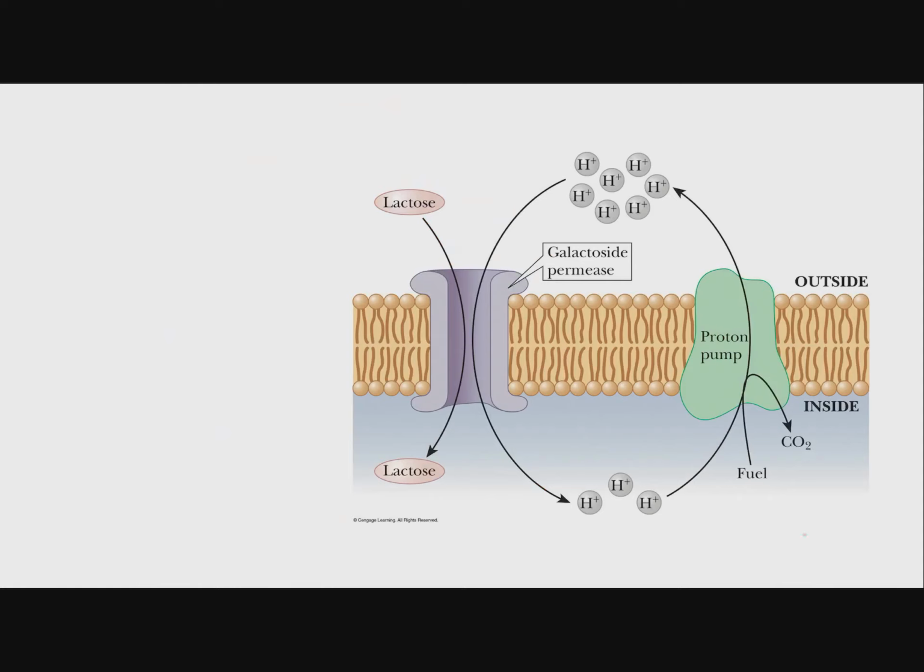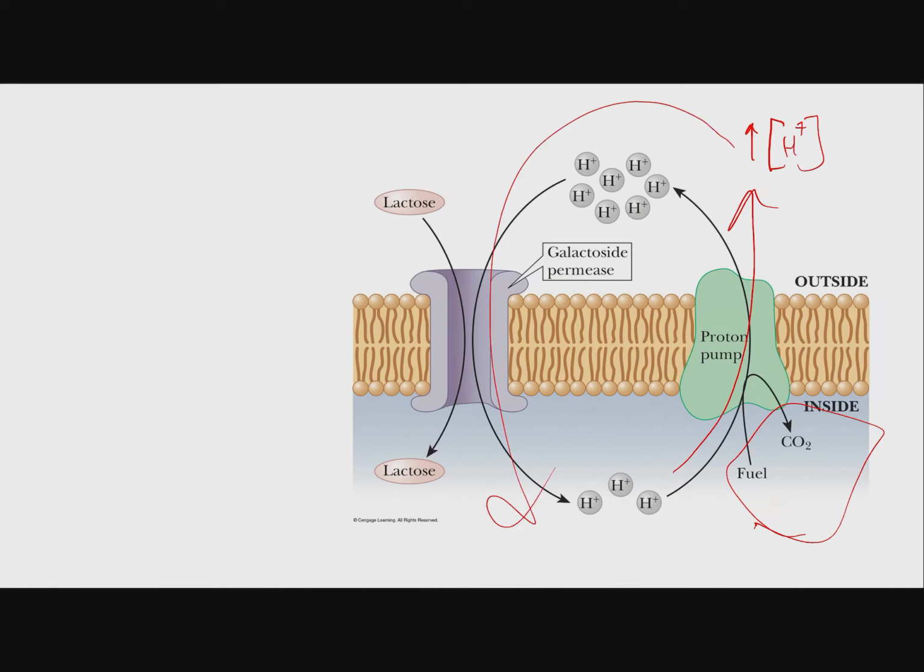What happens here is that there's some kind of energy happening over here that's causing hydrogens to be pumped across the membrane. So high concentration of hydrogen ion in one part of the membrane, low concentration in the other. Now hydrogen wants to passively go along its concentration gradient.